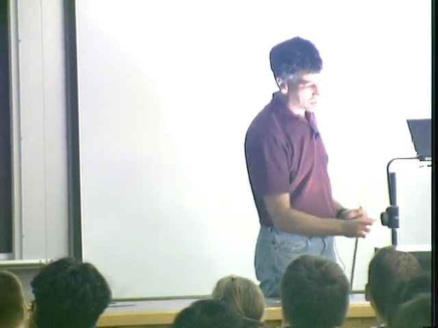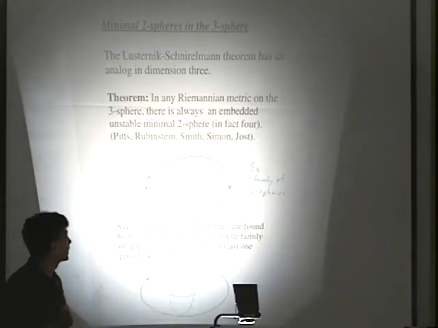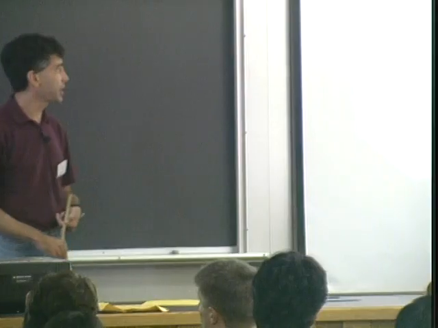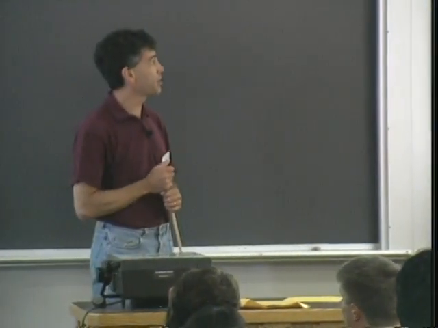Same thing works for 3-spheres. There's a corresponding theorem in differential geometry, which was proven by a series of people, that given any metric on the 3-dimensional sphere, there's always an embedded minimal 2-sphere. So there's always some 2-sphere that looks like the equator of the standard 2-sphere, no matter what the Riemannian metric is.